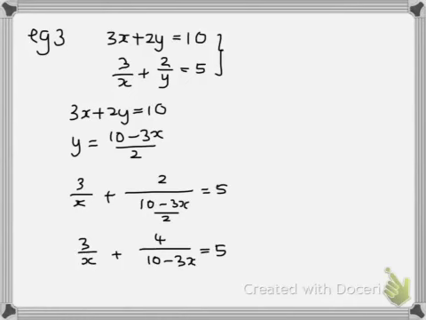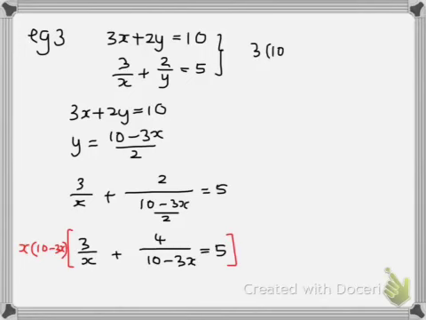Again, if you don't like to work with fractions, what are you multiplying with? You are going to multiply everything by the product of those denominators, which is x and 10 minus 3x. Okay? Are we good?